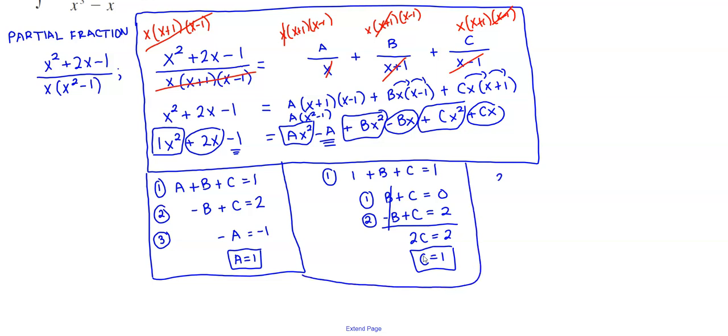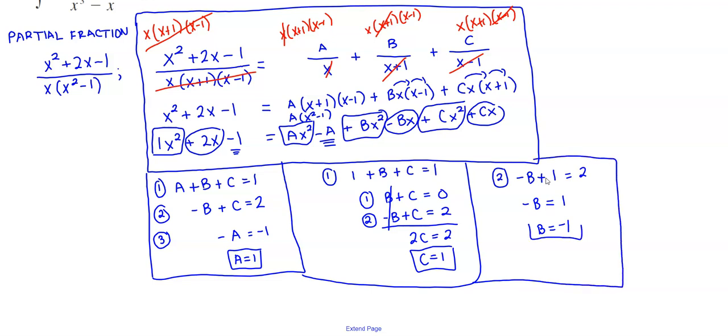So using equation number 2, we have negative B plus C, which is 1, which is equal to 2. Negative B is going to equal 1, and therefore B is going to equal negative 1. And so therefore, there are our coefficients of the new integral.